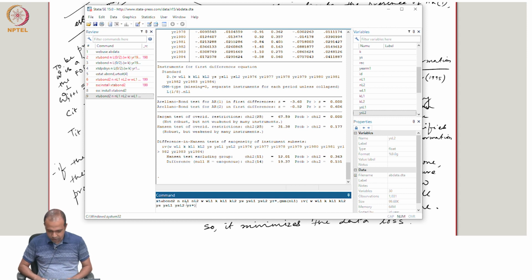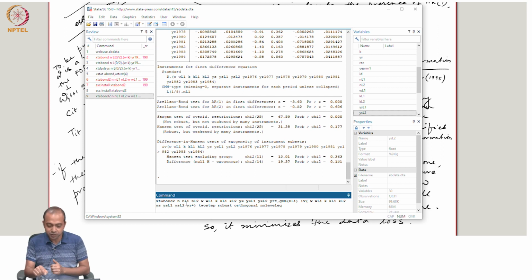and then what we have to do is we have to put two-step robust orthogonal and no level equation. So, what two step is in that command box, I will discuss later on.